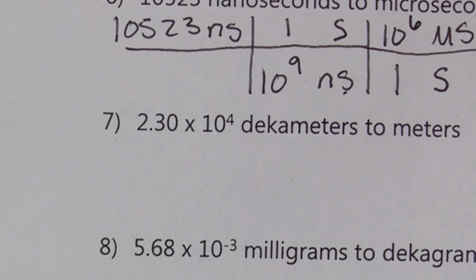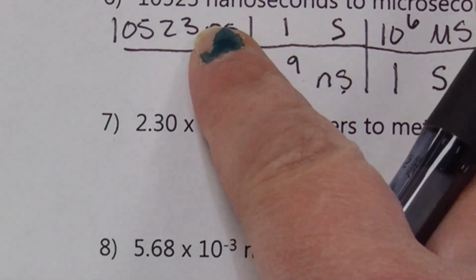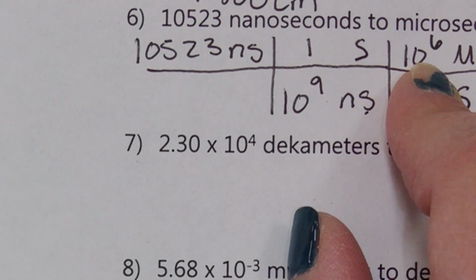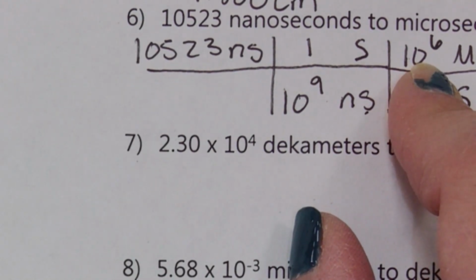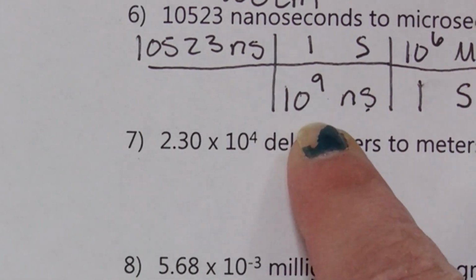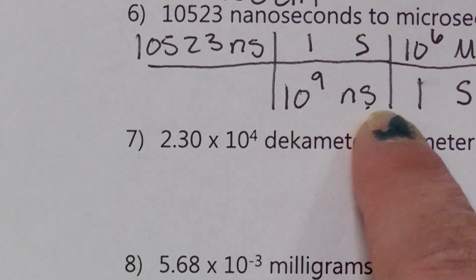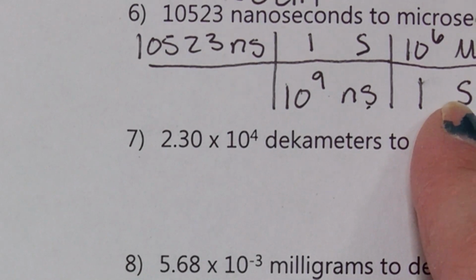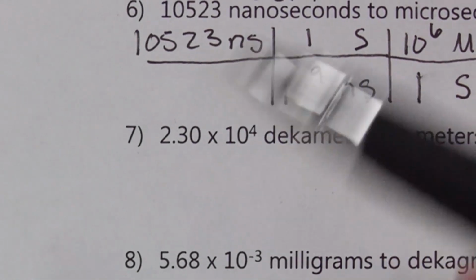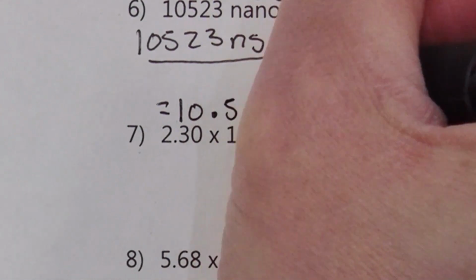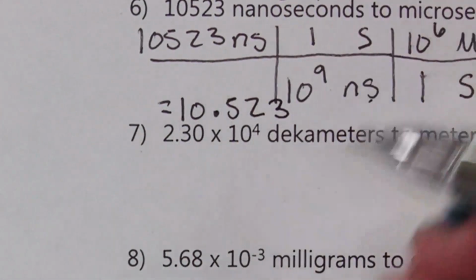So when I plug this into my calculator, 10523 times 1 times 10 to the 6 divided by 10 to the 9 times 1, I end up with a value of 10.523.